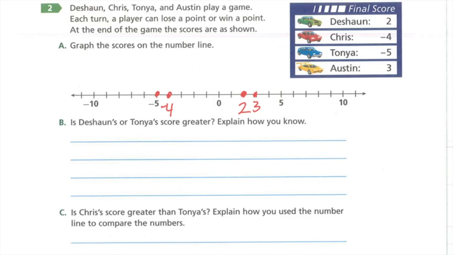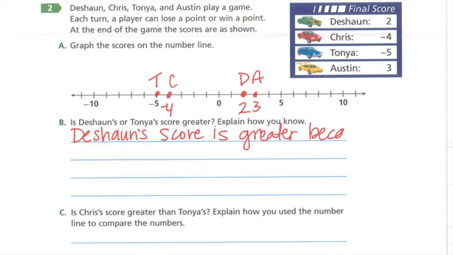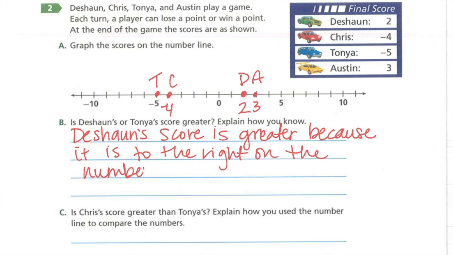Check yours. Is Deshawn or Tanya's score greater? Well, I notice that Deshawn's score is to the right of Tanya's, so I know Deshawn's score is greater. So Deshawn's score is greater because it is to the right on the number line.